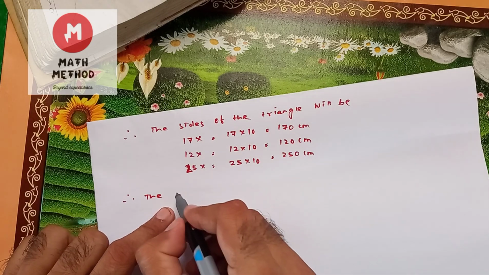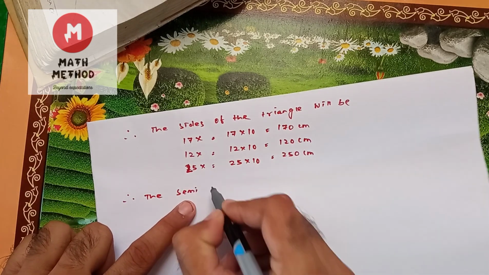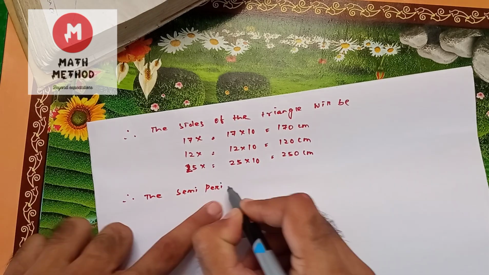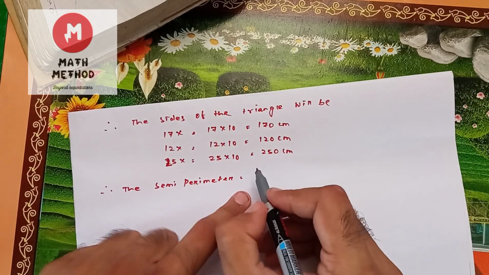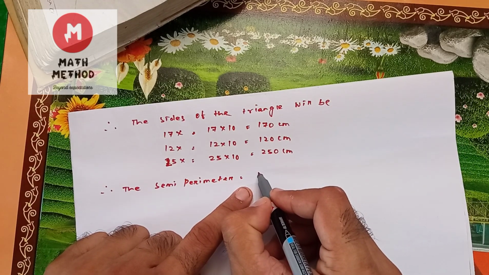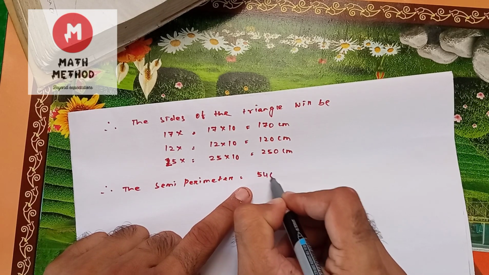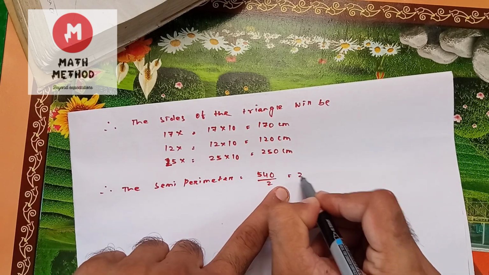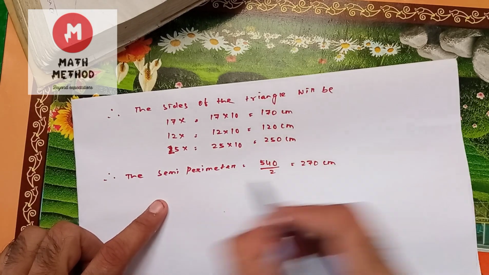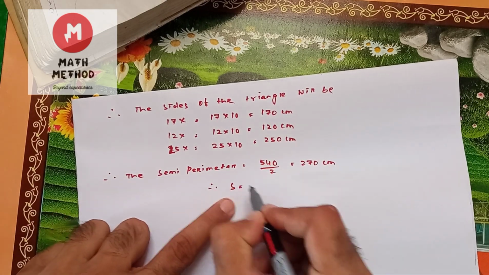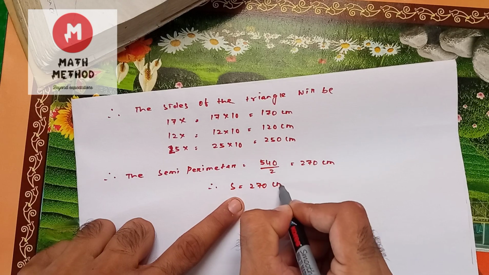Given that perimeter is 540, divided by 2 is equal to 270 centimeter. Therefore semi perimeter is our s, therefore s is equal to 270 cm.